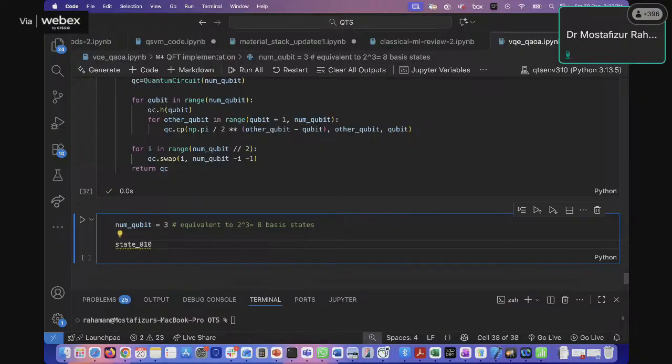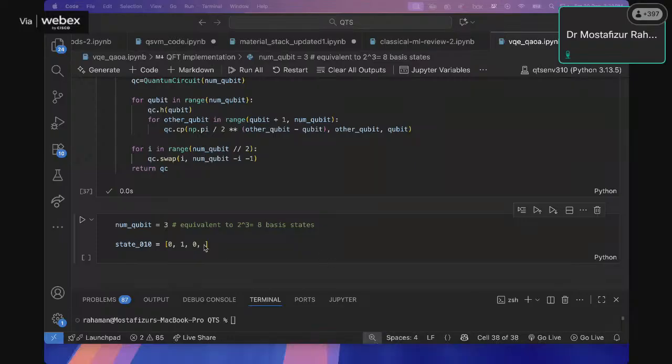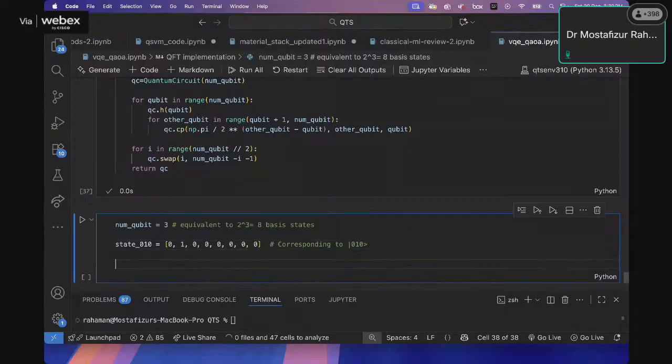The corresponding state vector for this 0, 1, 0 you can write this way, where state 0, 1, 0 is 0, 1, 0, 0, 0, 0, 0, 0.